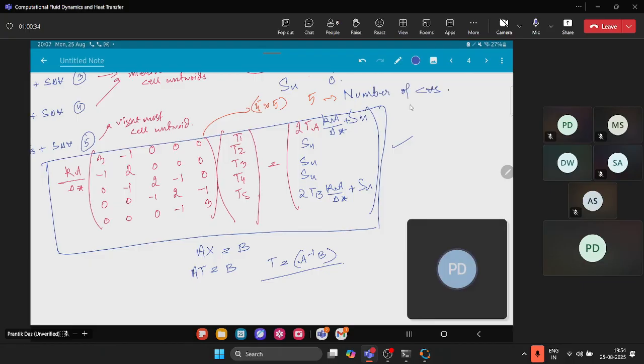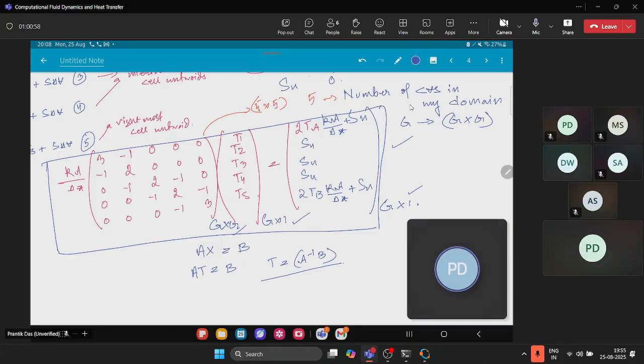So if there are G control volumes, it will be a G cross G matrix. So this becomes G cross G, and the unknown vector becomes G cross 1, and this becomes G cross 1. So that's how it works.